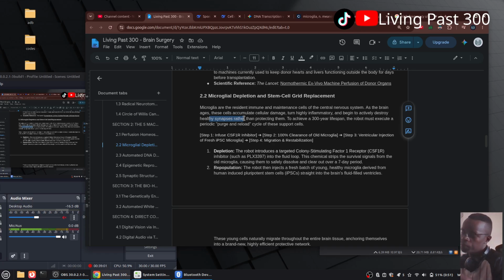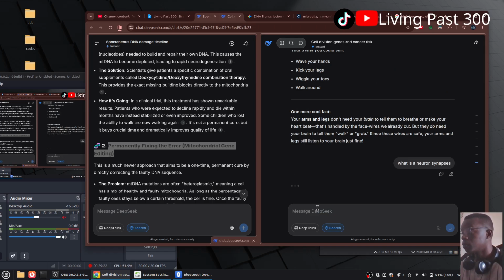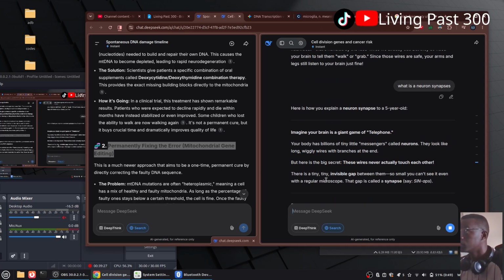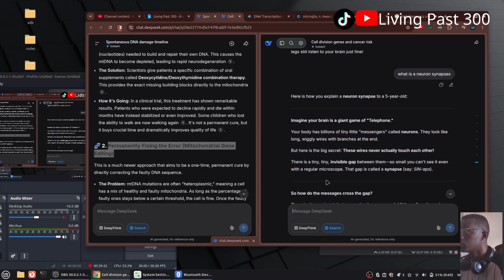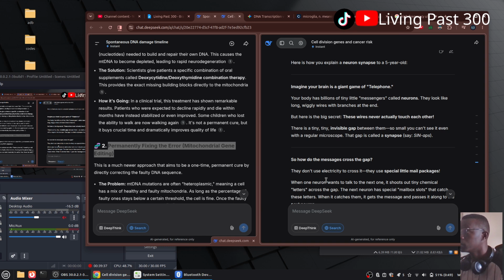A synapse is a place where two neurons meet.